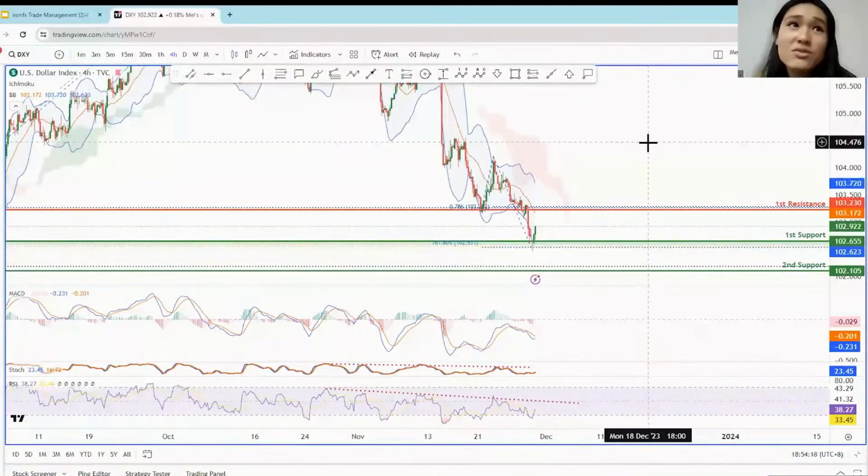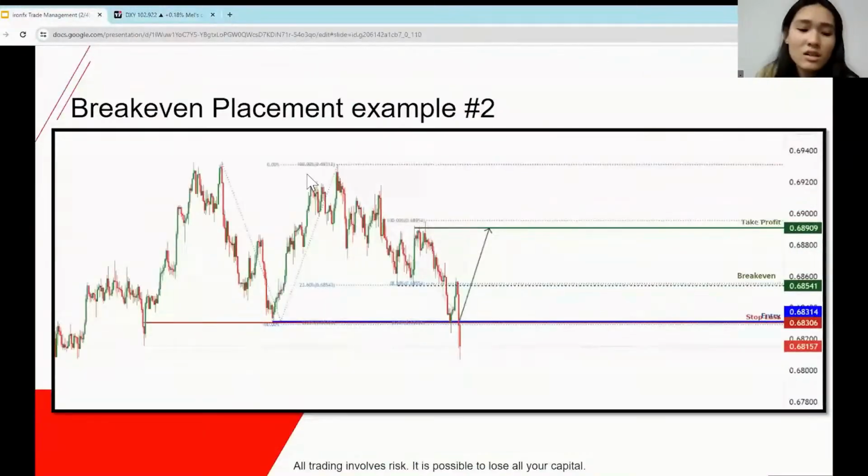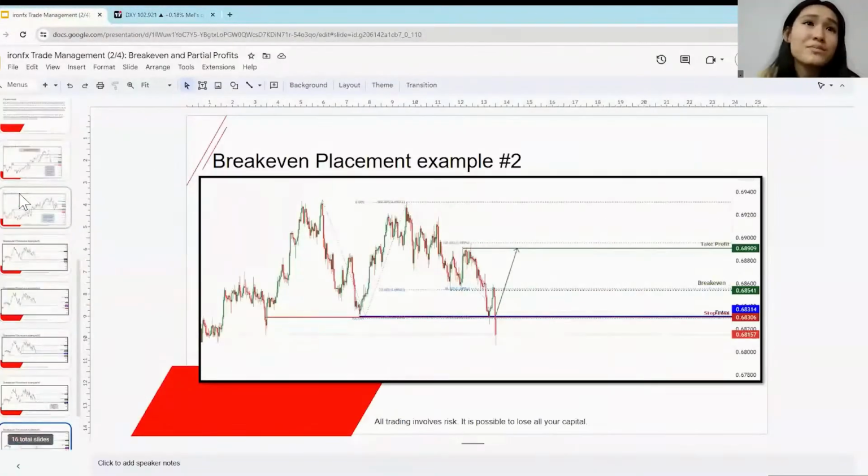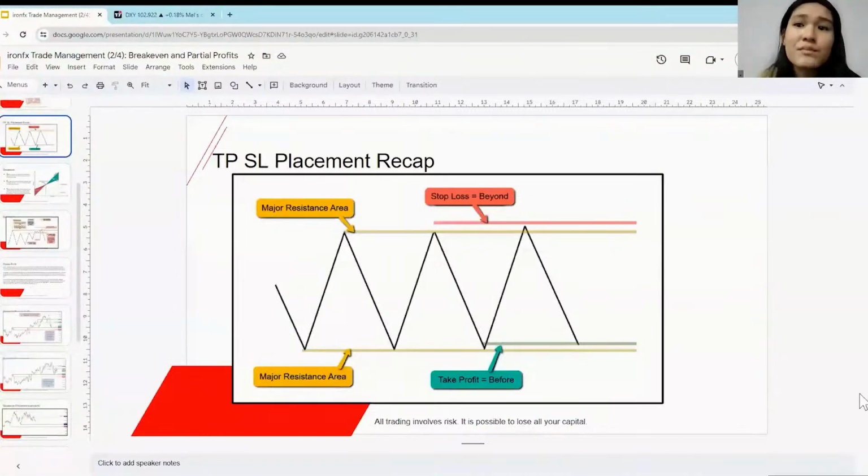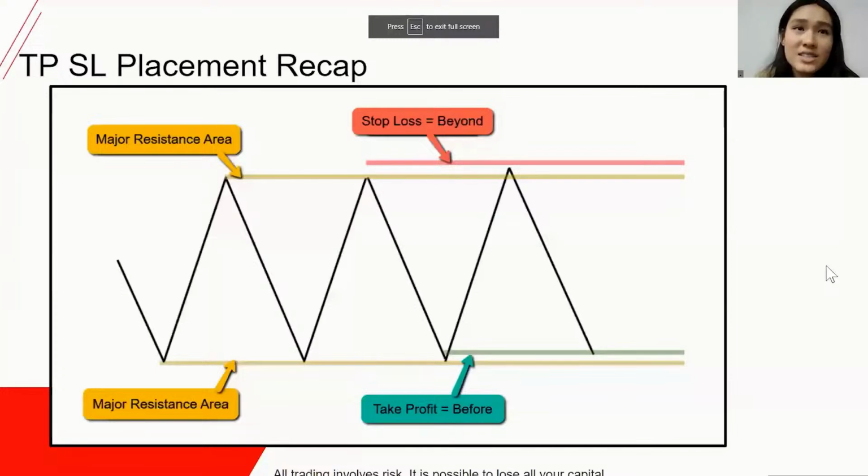So I would just follow this rule where, after identifying the resistance area and the take profit and stop loss levels, or the confluence areas, whatever you have identified as a significant area to take note of, then I will go in and place my stop loss beyond it and my take profit before any major resistance area or confluence area.